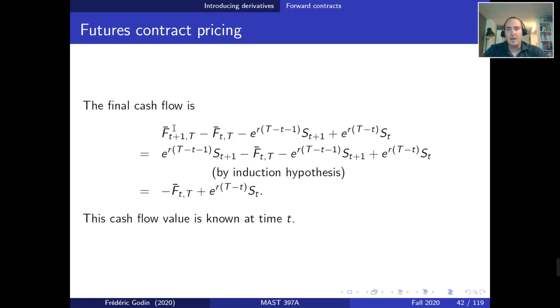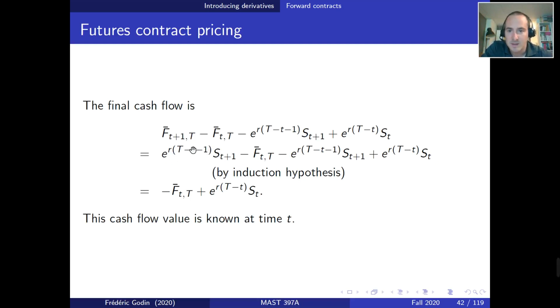Furthermore, what can we do here? We can replace F bar t plus 1 by the futures price according to our induction hypothesis. So at t plus 1, we said that the futures price could be given by this. Okay, so this is simply replacing j in the previous slide's formula by t plus 1.